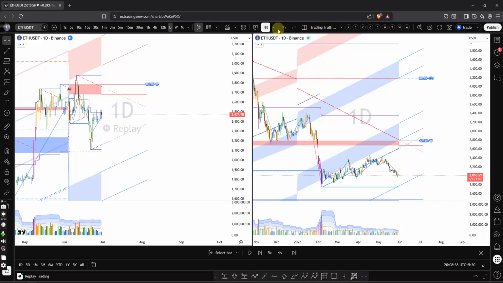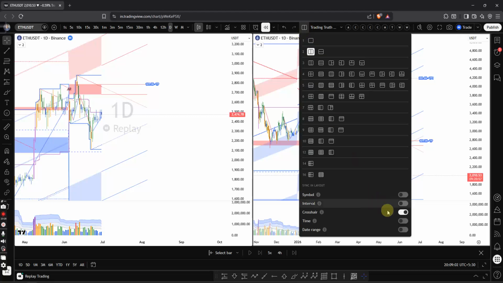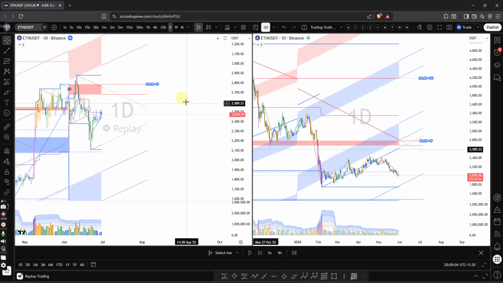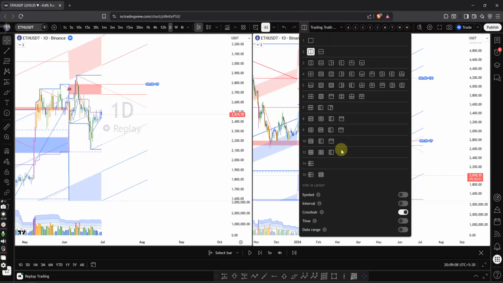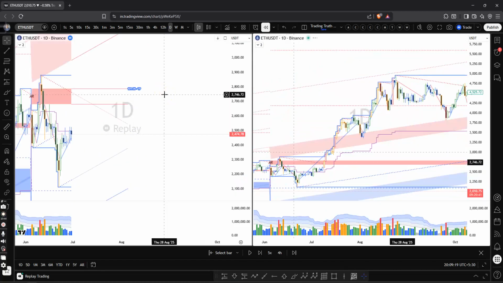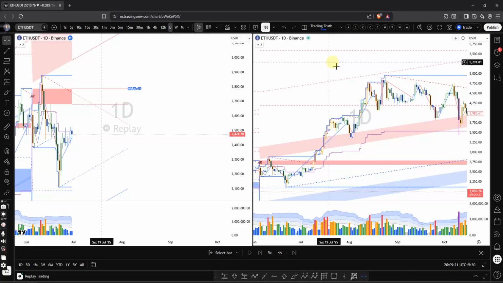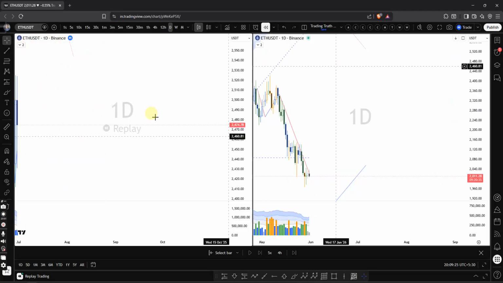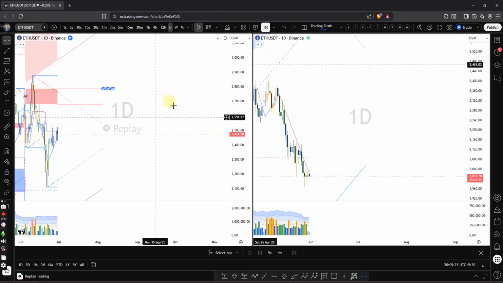I'll put a sync in all charts, select this one first, and then do date sync, symbol. That's the latest one.